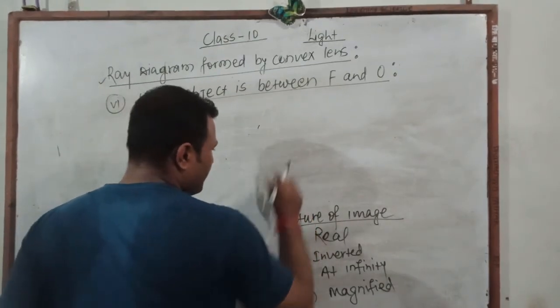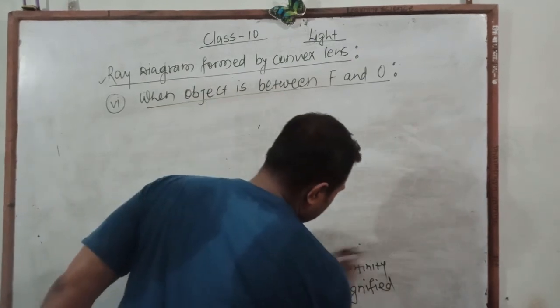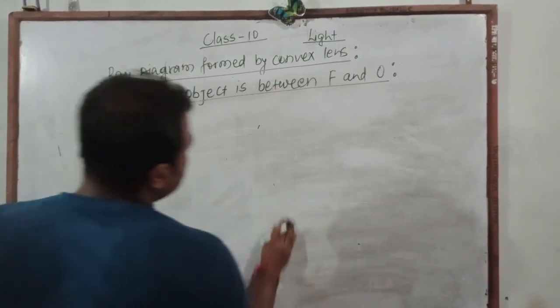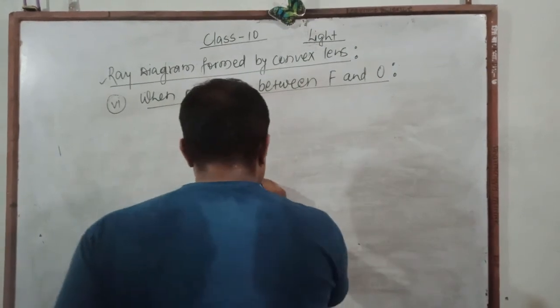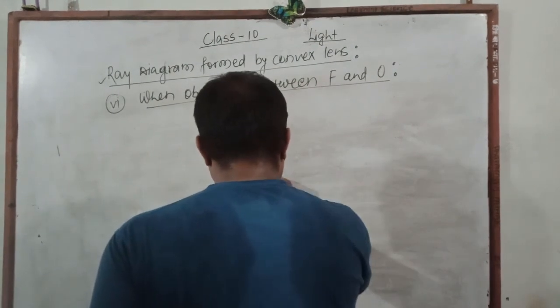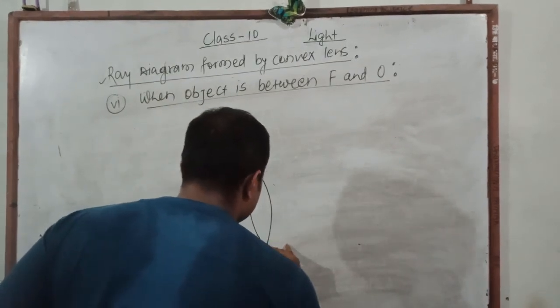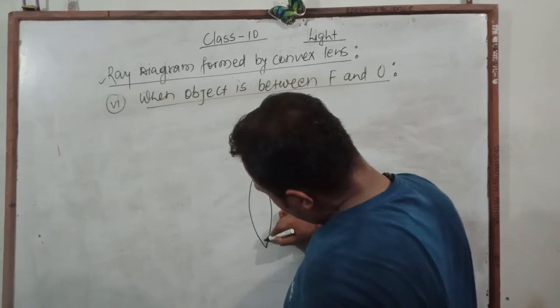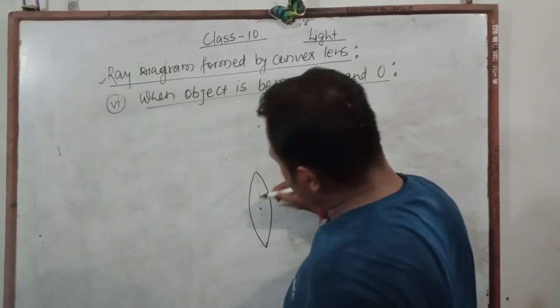In the same way, here we draw a convex lens, then the principal axis, then we label F and 2F. Here is the convex lens. We imagine the axis and optical center.